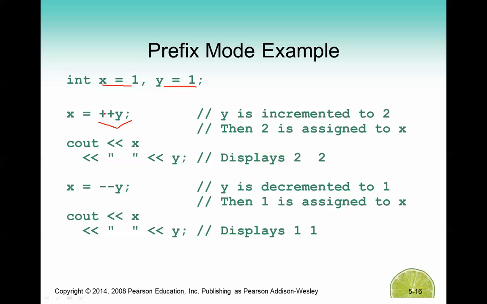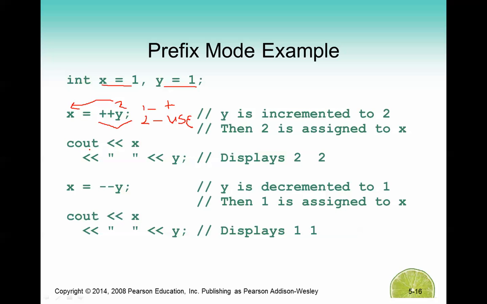And now I have a plus plus y, which means I add first, and then the value is going to be used. So step number 1 is adding, step number 2 is using the value. Here I add 1 to 1, so now I have a 2 in y, and that means I'm going to move that value to x.